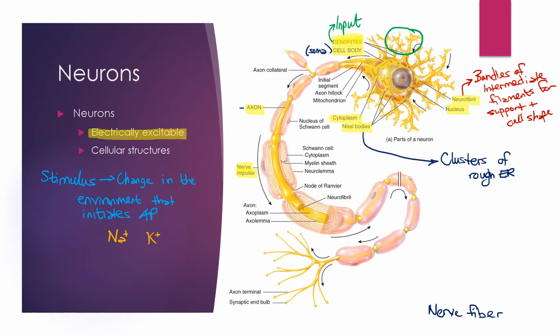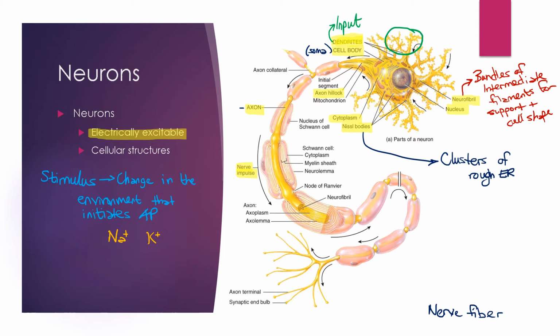The axon is a really long, thin, cylindrical projection that often joins to the cell body at a cone-shaped elevation, which is called the axon hillock. So this is the connection point between the axon and the cell body.